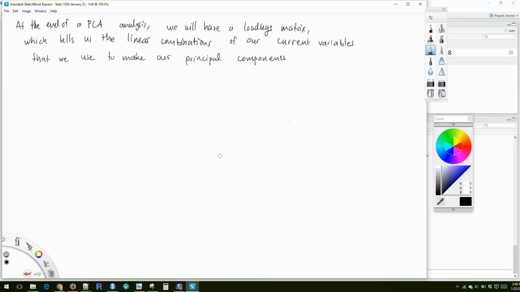And so a lot of times, when you perform your PCA on the correlation matrix, oh wait, what am I saying?